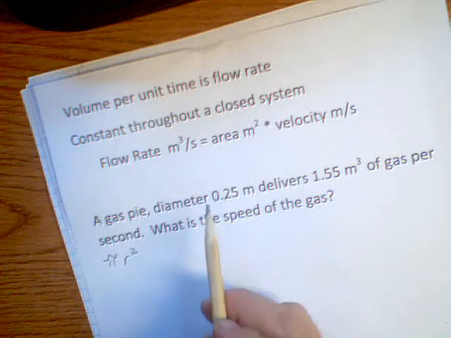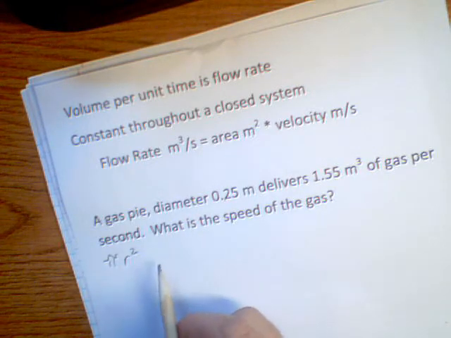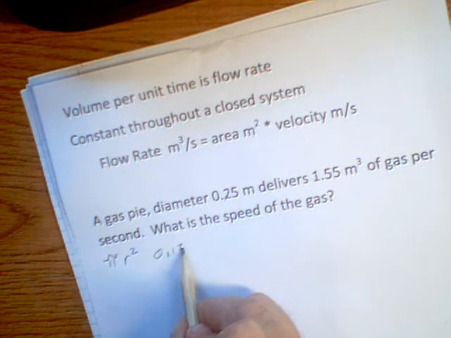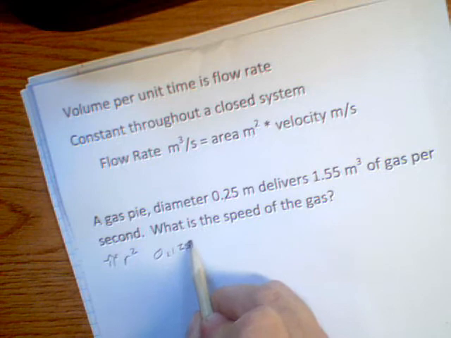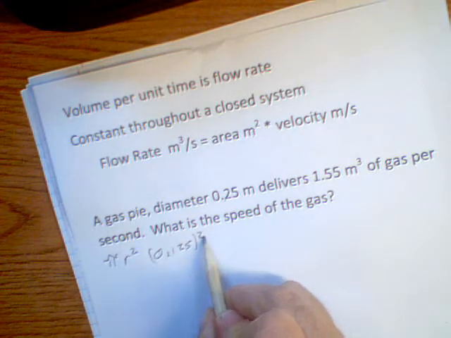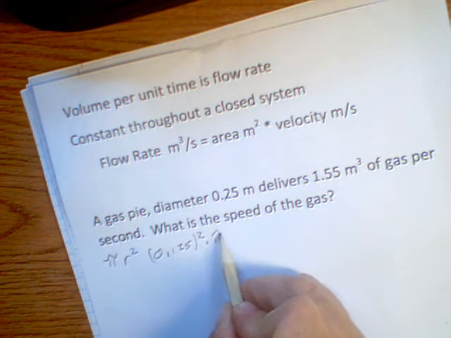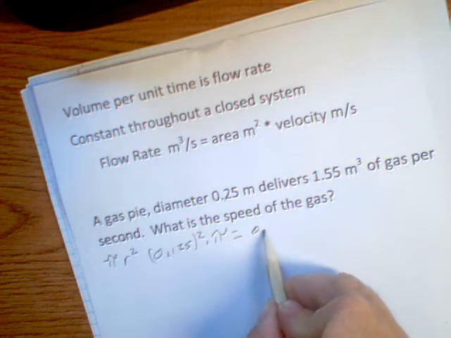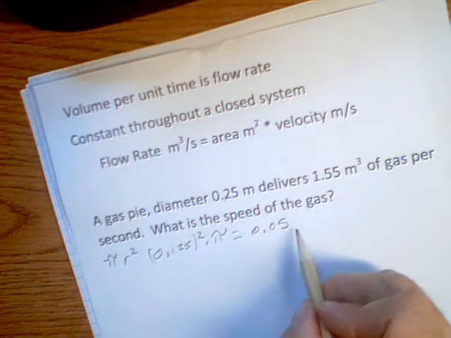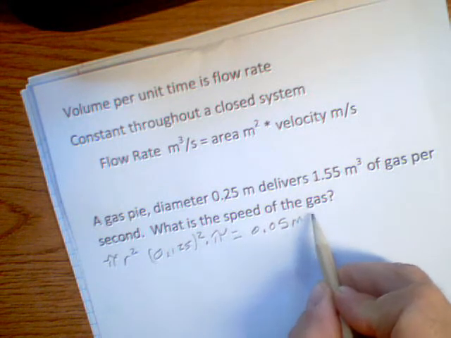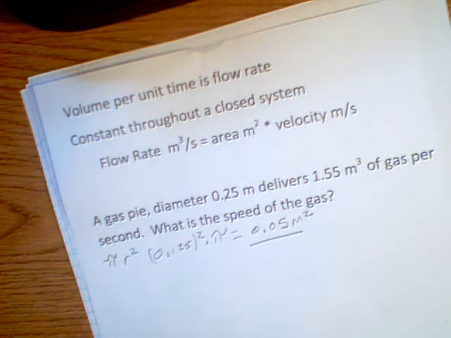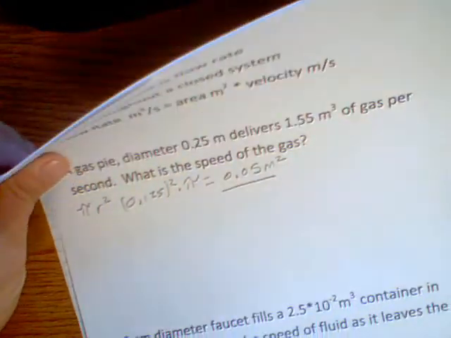Half of this diameter is 0.125 squared times pi, and that equals 0.05, and that's going to be an area, so it's going to have to be meters squared.